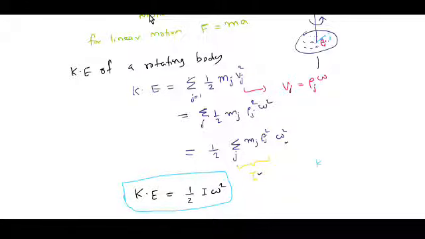This is similar to the kinetic energy of linear motion, half m v square, where m is replaced by I and v is replaced by omega.